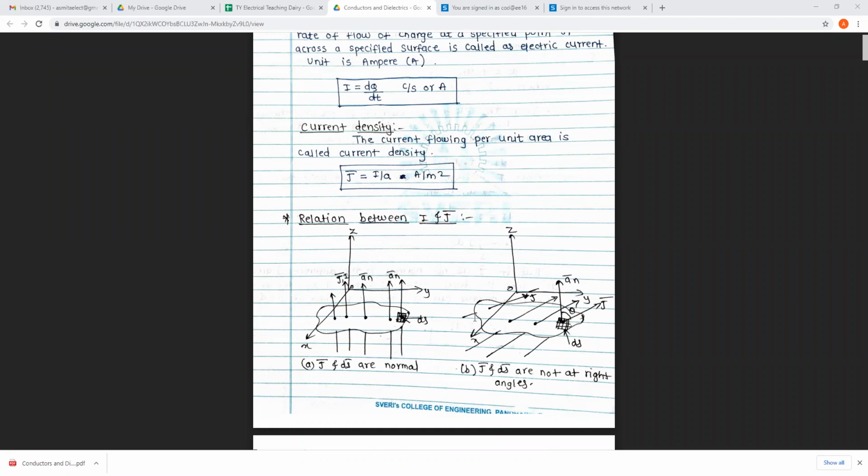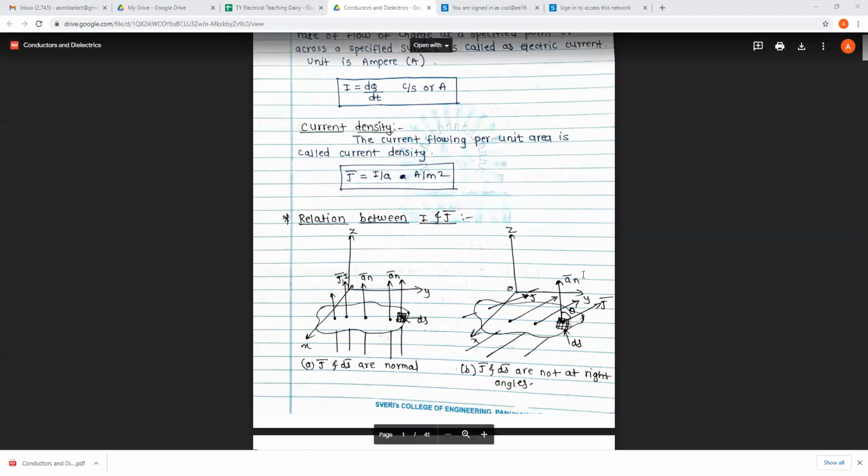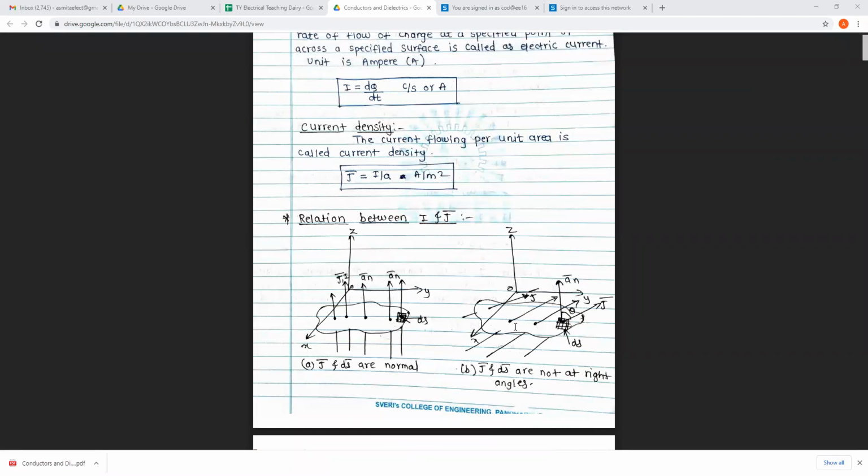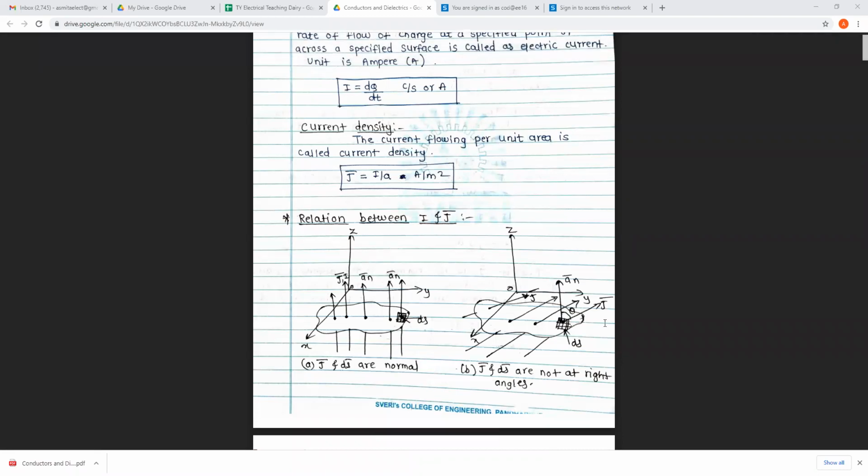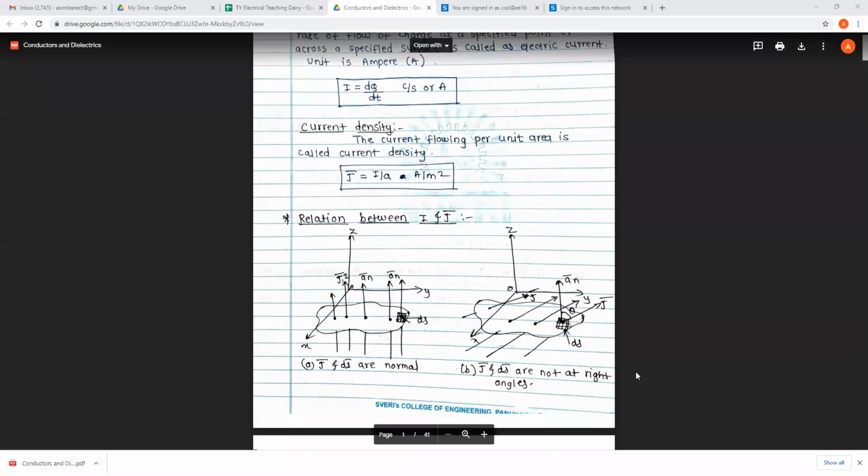Now we are considering the second case. In the second case, this current density is making some angle theta with the plane. The unit vector perpendicular to the plane is given as a bar n here, and it is making some angle theta with the current density.